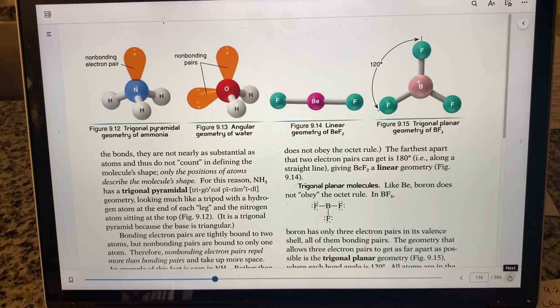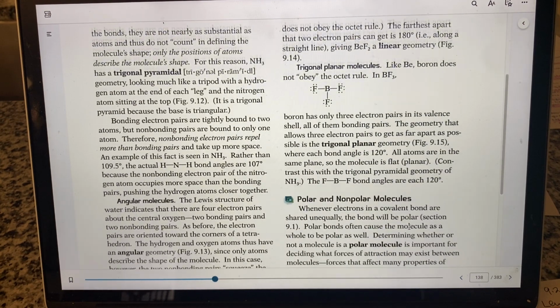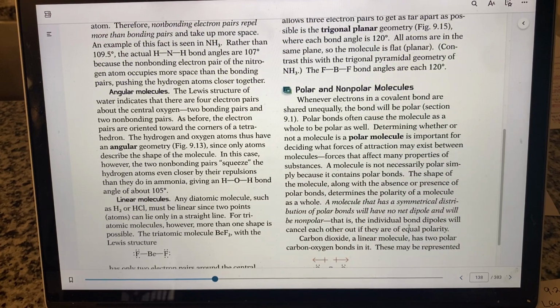Going on from that, we're also going to have angular. When we talk about angular, we're talking about why they produce an angle. Angular ones are very famous with water, H2O.